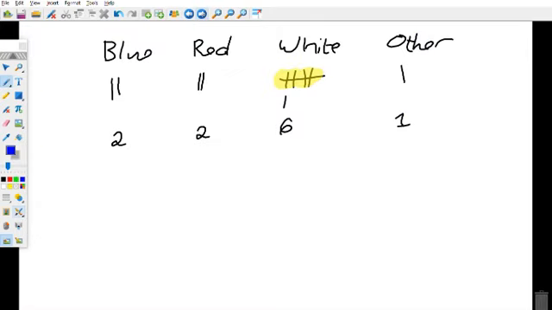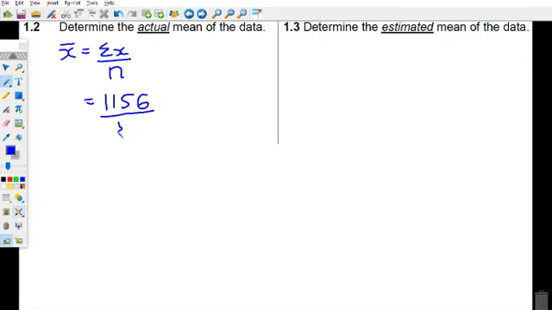So there's 30 teachers recorded here. Divide by 30. All right. So my actual mean is going to be 1156 divided by 30, and we're going to have a mean age, my average age, of 38.53. And we're going to put it in years.